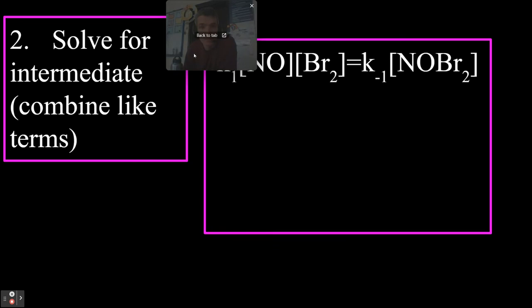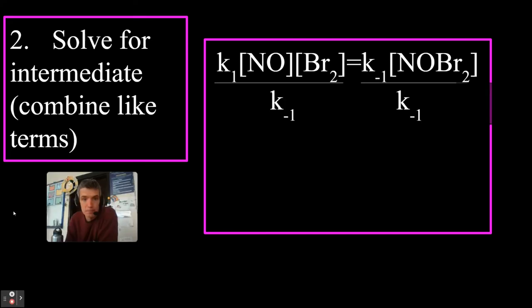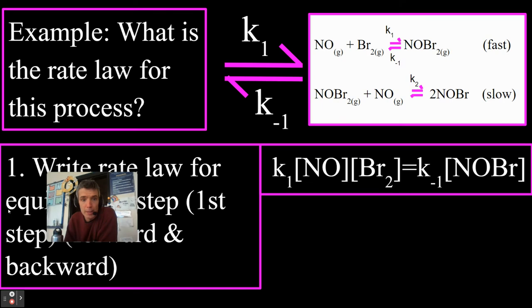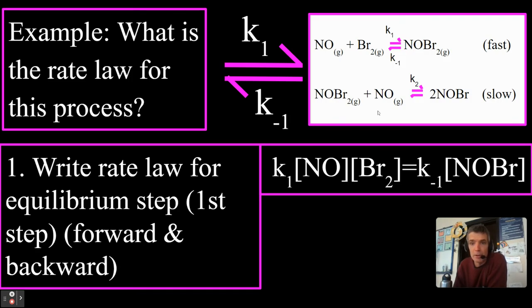Now, here's my next thing. I want to solve this for the intermediate. If you look at the reaction, what were my intermediates? An intermediate is something that got made and gobbled up.